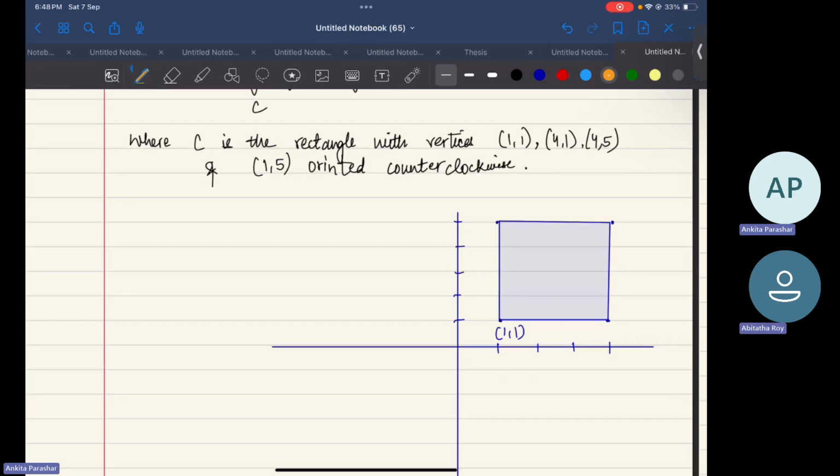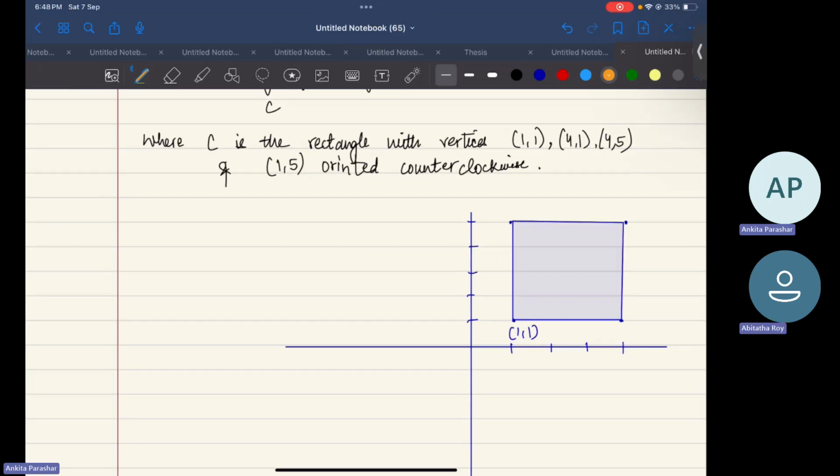Okay. Then you have to draw a line parallel to the x-axis. So I will draw like this, and since this is a rectangular domain, it will just take the end values for the limits. That's all.